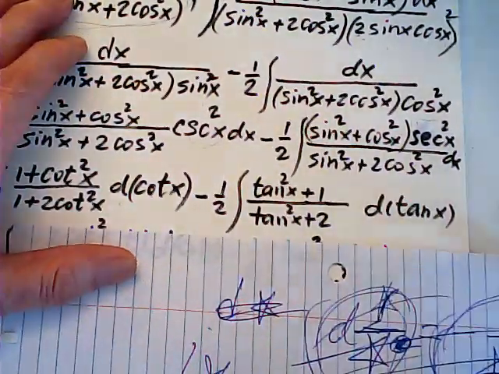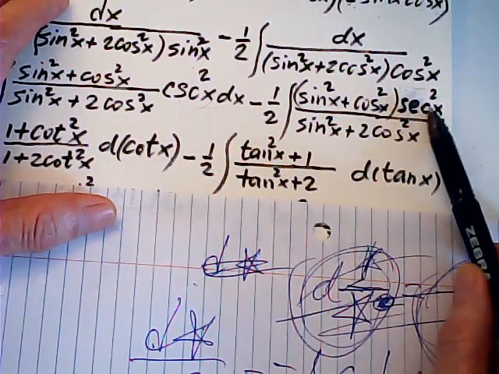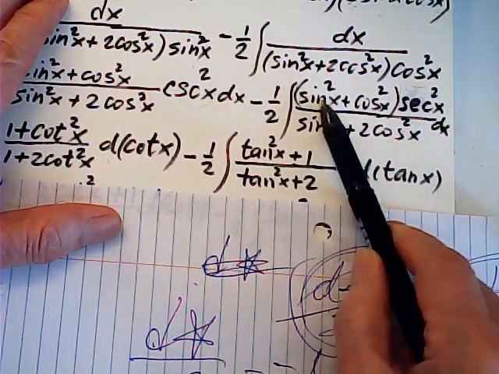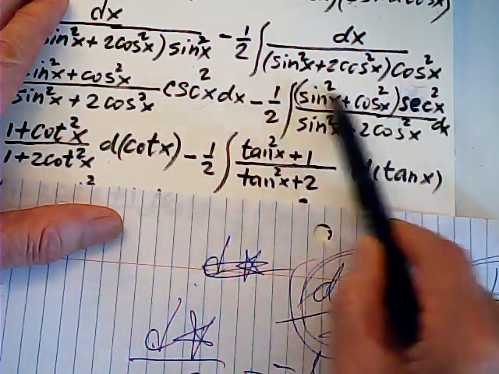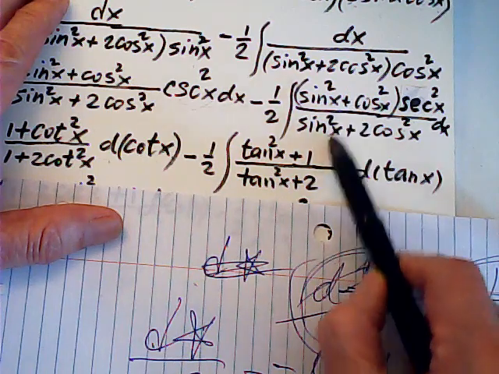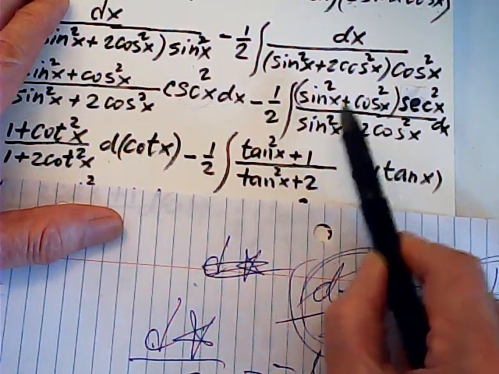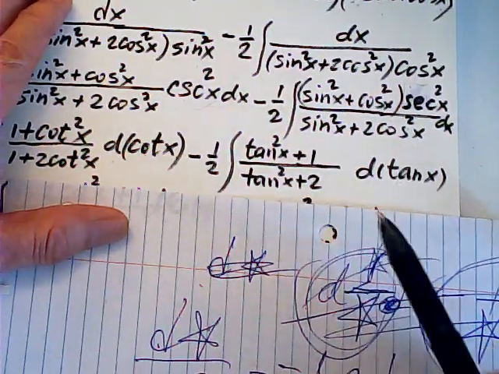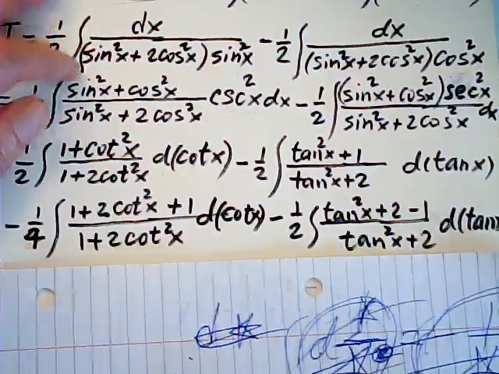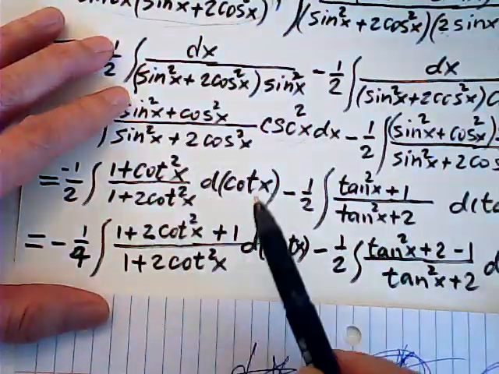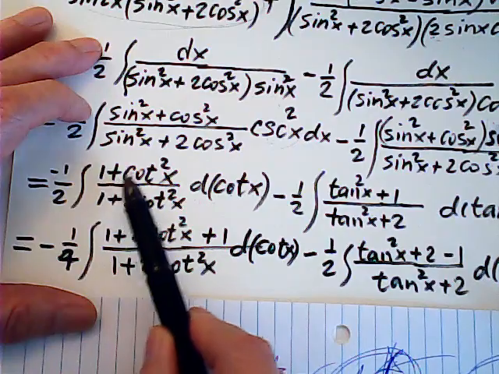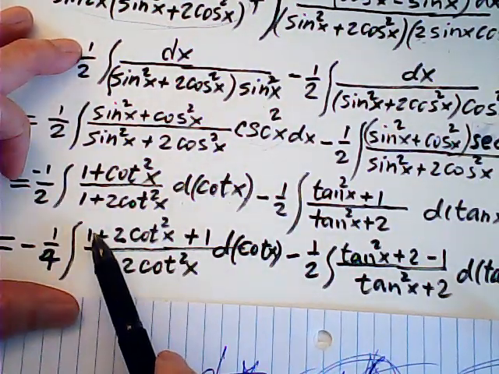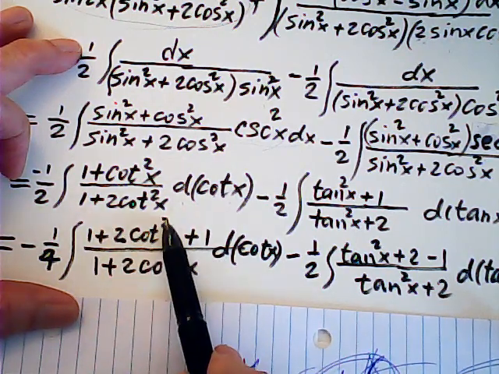Similarly, secant square is d tangent. And here and there I divide both by cosine square. Become tangent square and 1, tangent square and 2. And then 1 plus cotangent square becomes, 1 plus 1, 2 cotangent square.